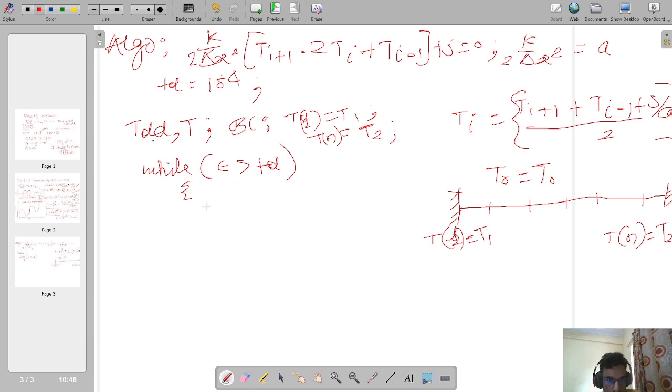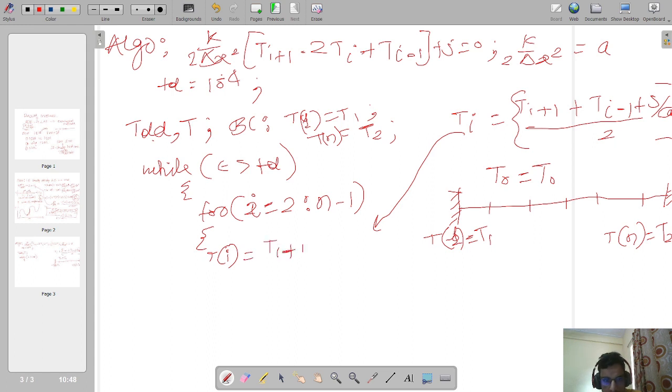Then we have to use a for loop, and keep in mind that we have to iterate only from 2 to n minus 1 here, because the boundary points are already fixed, and we use simply this equation: we say Ti is equal to Ti plus 1 plus Ti minus 1 plus s by a, divided by 2. So we iterate about this equation.